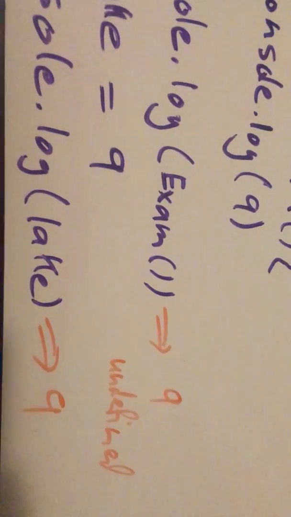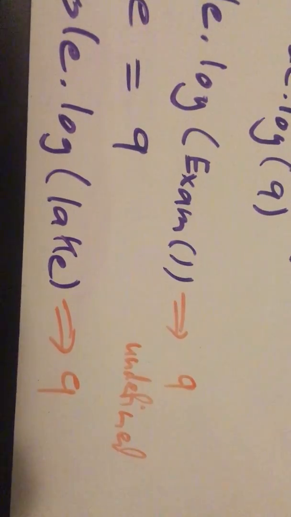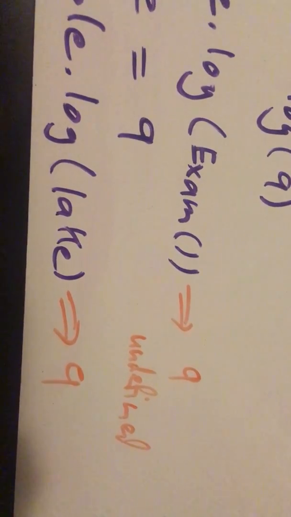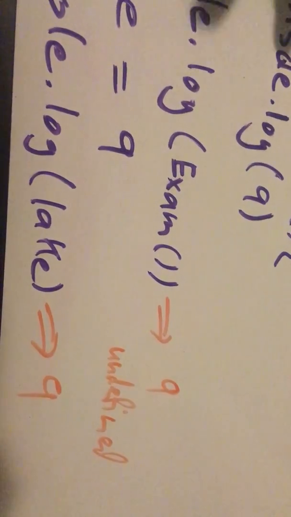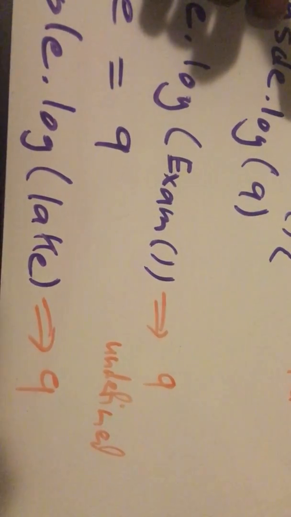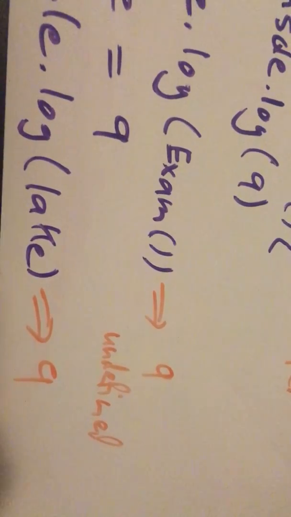In this case, it's going to print off this 9, and then when the function's done being called, because it's not returning anything, exam is a variable that has nothing assigned to it.